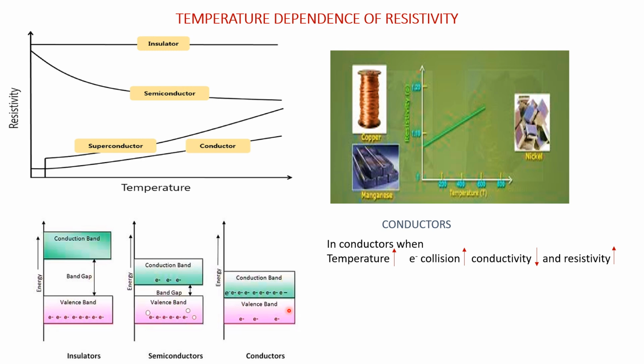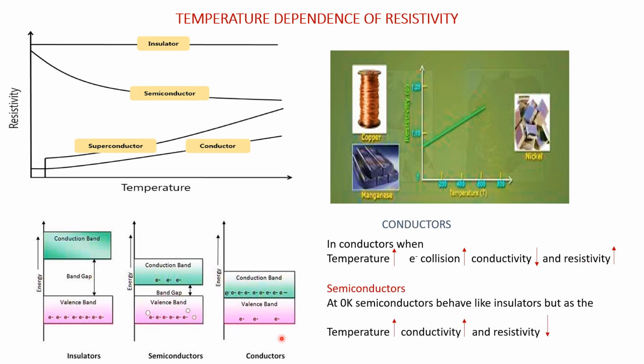When we excite those electrons, there will be collisions between the electrons in the conduction band as they try to drift to contribute to current. As a result of those collisions, because of the crowding of the free electrons, the conductivity decreases, and as a result of that, the resistivity increases.